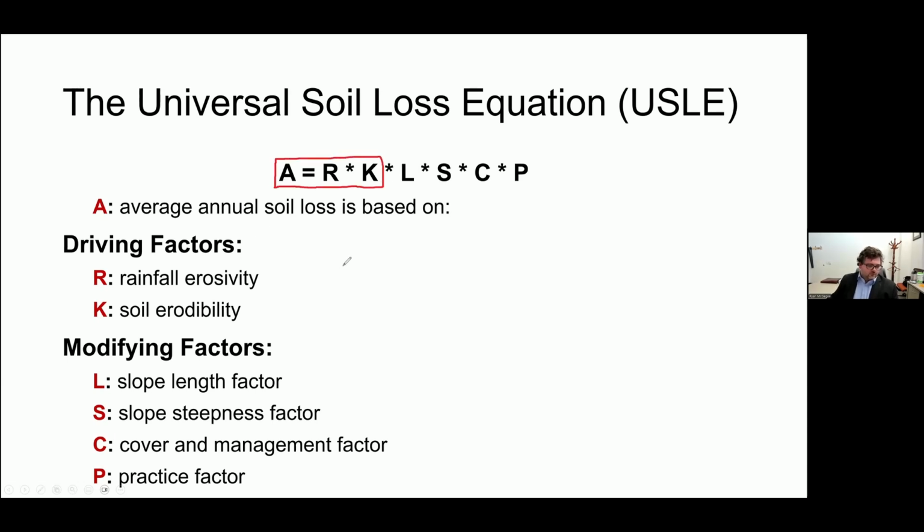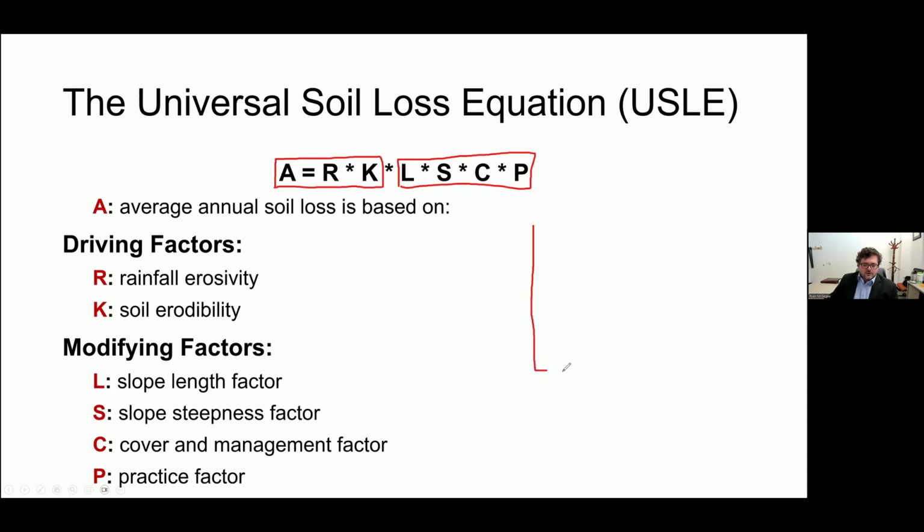And this is known as the driving relationship behind USLE. And then you have these four modifying factors for the slope length, the slope steepness, the cover and management, and then the practice factor, if you are to have those. I'm going to focus on the A equals RK relationship because this is what we're expecting to have changed over time. And I just want you to understand how it was formulated.